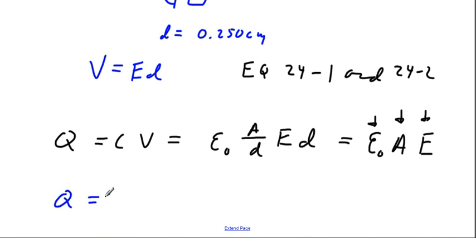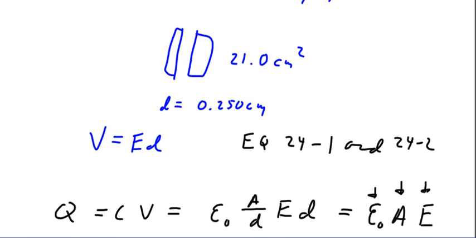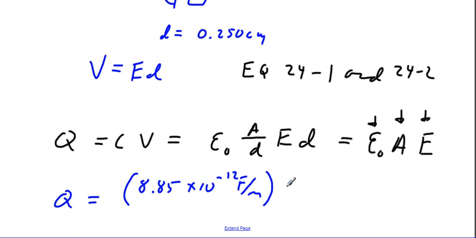Q is equal to epsilon naught, 8.85 times 10 to the minus 12th farads per meter, times the area. Of course we want it in meters, so 21 square centimeters is 2.1 times 10 to the minus 4th square meters, times 4.8 times 10 to the 5th volts per meter.